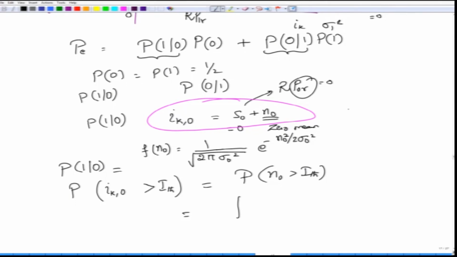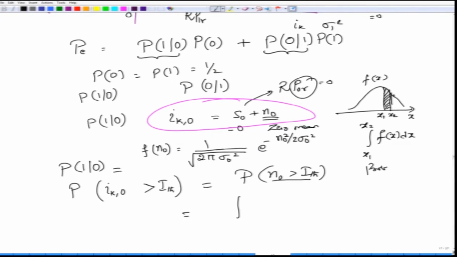If I take a probability density function that looks like this, as a function of some independent variable x, so this would be f of x, the probability that an event lies between say x1 and x2 is given by integrating the probability density function f of x dx from x1 to x2. Similarly, if I want to know the probability that noise is greater than ITH, I am looking at the probability of this entire area.